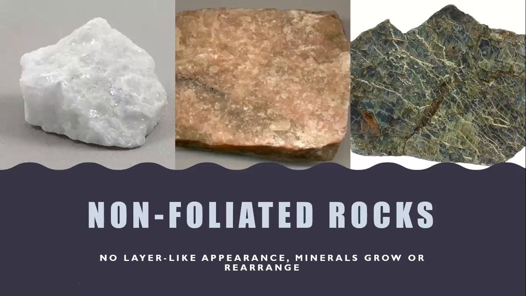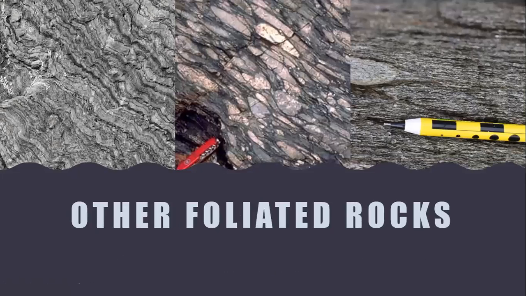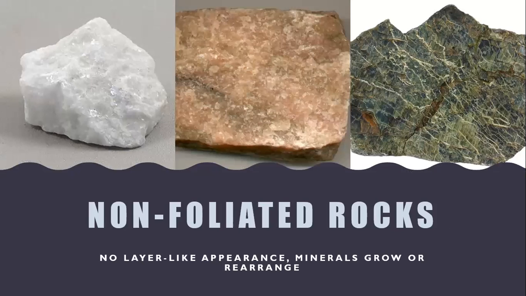So that's how you're going to identify these rocks: you look for that banding, that foliation. If it's there, then you keep going down the chart. If not, then you look at non-foliated rocks. And this is expanded upon more in the lab.